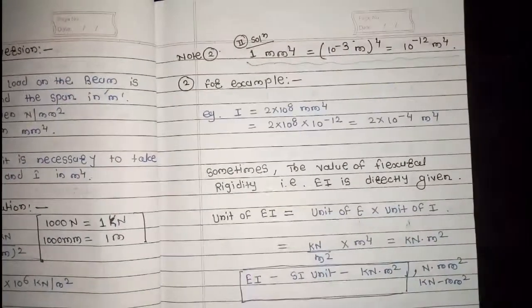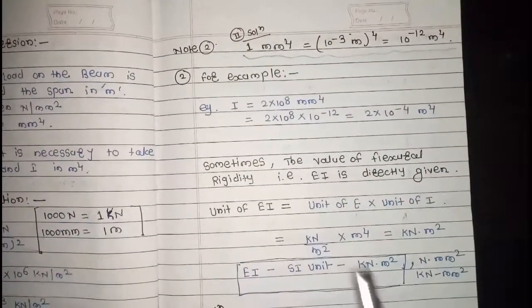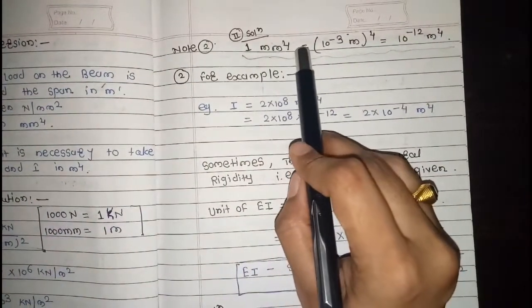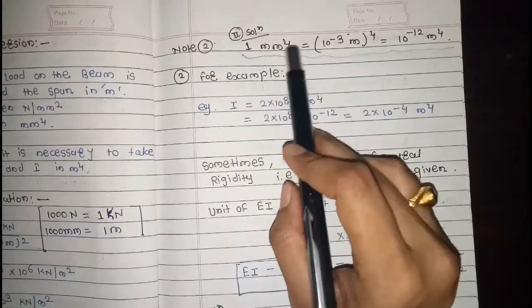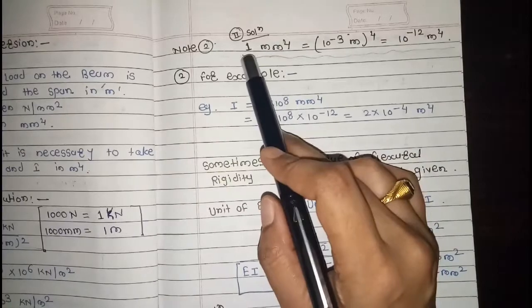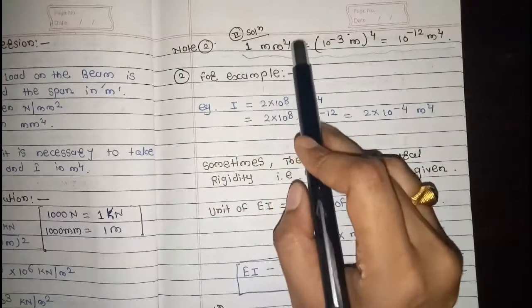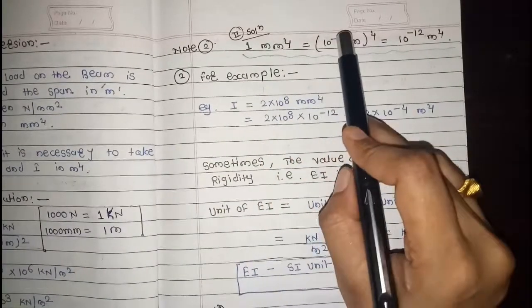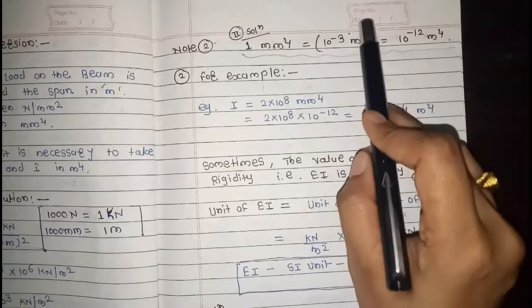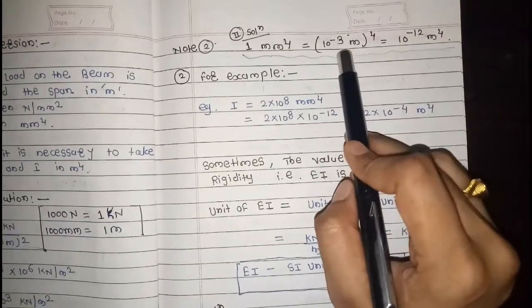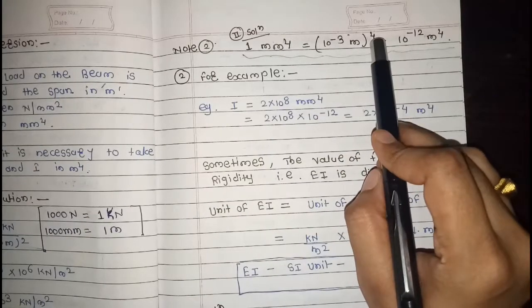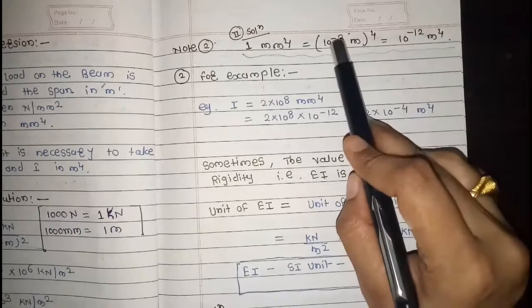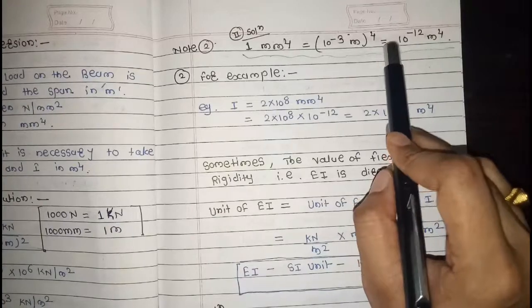Second conversion, 1 mm raised to 4. Mm raised to 4 is the unit of moment of inertia. So we write 1 mm raised to 4 is equal to 10 to the power minus 3 meter raised to 4. So 3 into 4 is 12.